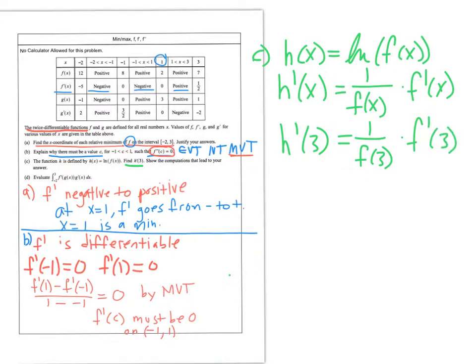Looking at my table, that's where I'm going to get this stuff. We have values at 3. f of 3 is going to be 7, so we've got 1 over 7. And then f prime of 3 is going to be a half, so we've got times a half, and at this point you're done.